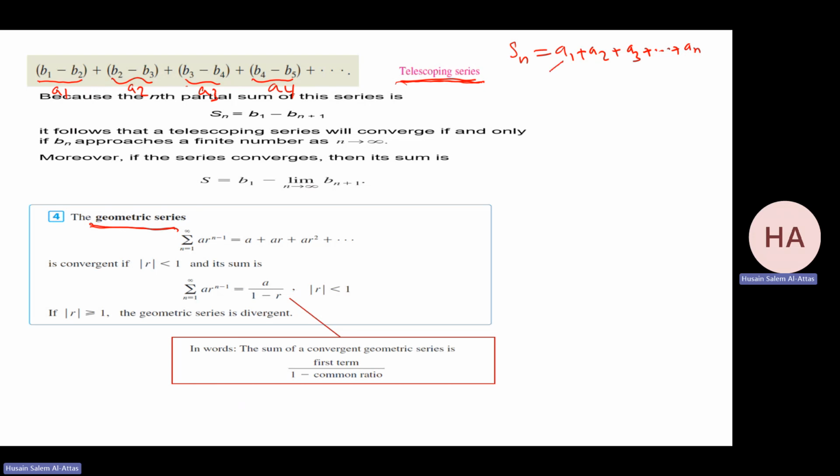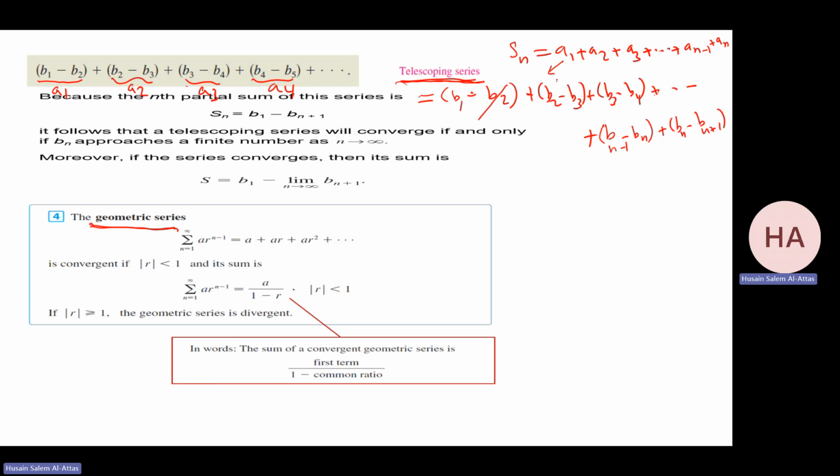I can rewrite A1 as B1 minus B2, and A2 as B2 minus B3. I write A3 as B3 minus B4, until I reach An, which is Bn minus Bn plus 1.